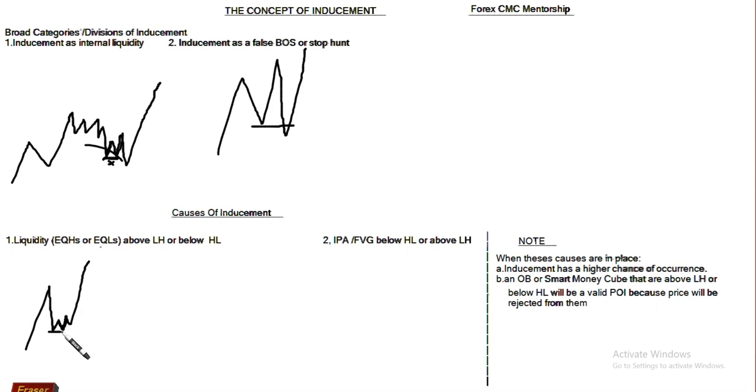This is liquidity, an equal low. So price would come at a later date and take this and still go in the direction of the trend. Then vice versa for a bearish trend. Let's say you have price moving like this.